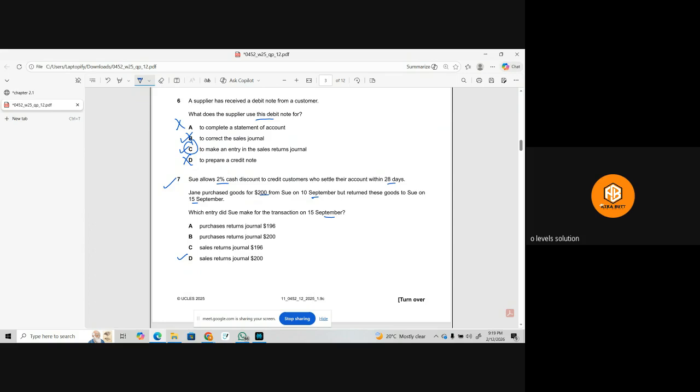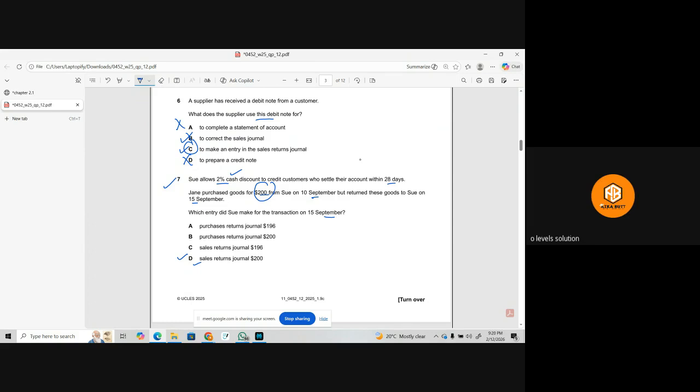Of course, we will write this in the sales return journal. As you can see, she purchased the goods for $200, but the discount allowed you will receive when you pay. She did not pay it. She just returned the goods, but she returned like 5 days later.